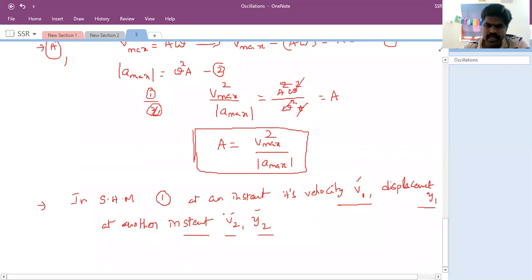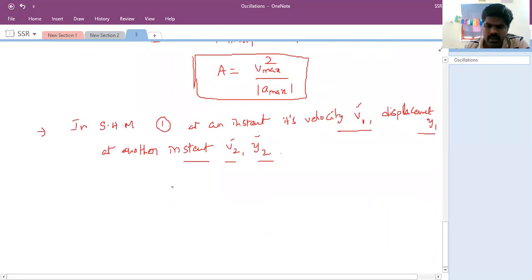In an SHM, at an instant its velocity is v1 for the displacement y1, another instant for the same particle velocity v2, displacement y2. Are you clear on this point? In that case, find omega, the angular velocity, and the amplitude of the particle.